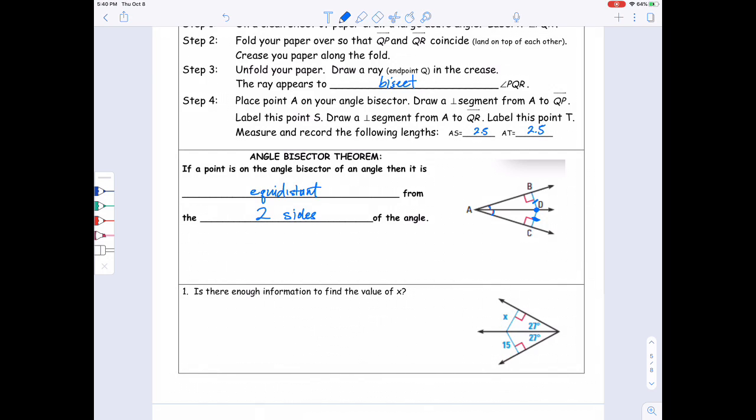Now, because we can see that 27 and 27 are congruent here, this means that this line is an angle bisector. And if it's an angle bisector, that means any point here, if I figure out the distance to each side of the angles, they will be the same. So if this is 15, x will have to be 15.